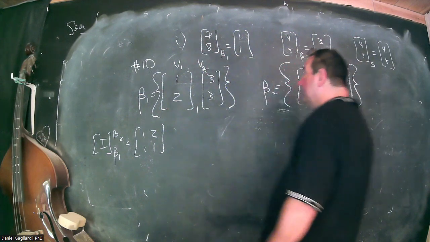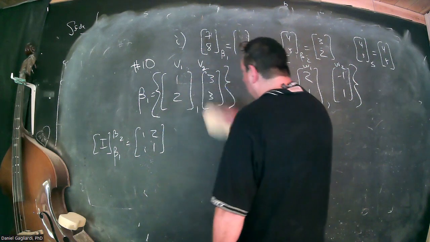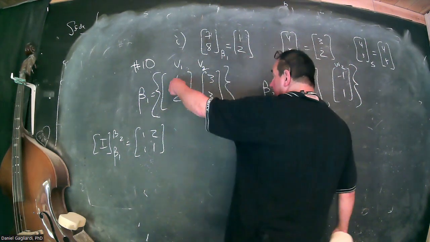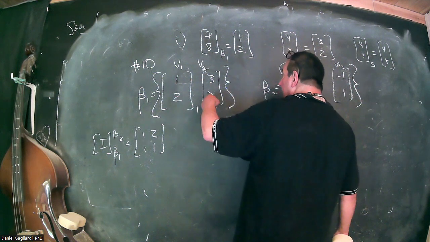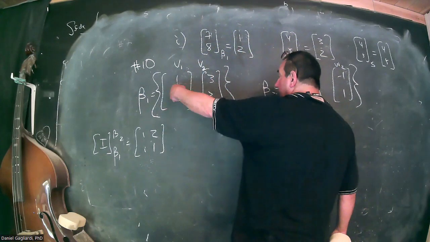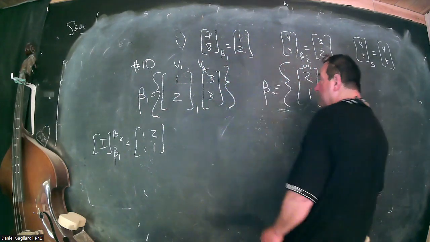And the coordinates of 7, 8 relative to the old basis were 1 and 2. We took 1 stop on this vector and 2 stops on that vector, and that took us to 7, 8.